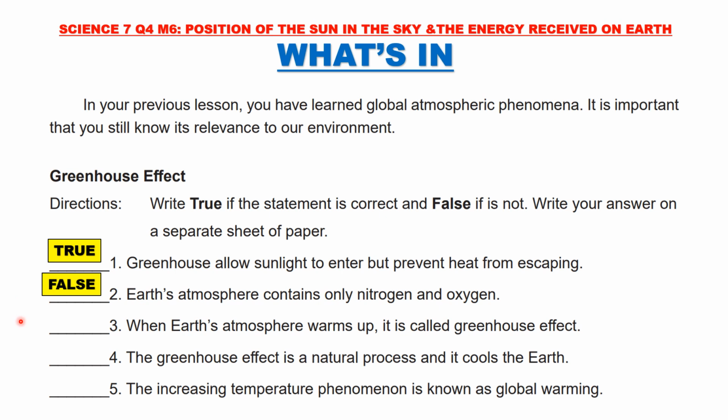When Earth's atmosphere warms up, it is called greenhouse effect. Answer: true. Number 4. The greenhouse effect is a natural process and it cools the Earth. Answer: false. Number 5. The increasing temperature phenomenon is known as global warming. Answer: true.